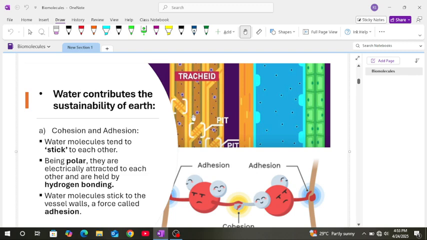So this is actually the xylem wall, and this xylem wall is made up of different components, or you may say complex substances, like it may be composed of lignin, it may be composed of pectin. So these are actually the outer substances present in the plants, or the stem region, or particularly the tracheid region. So now this particular concept is depicting water molecules sticking with other molecules apart from water molecules.